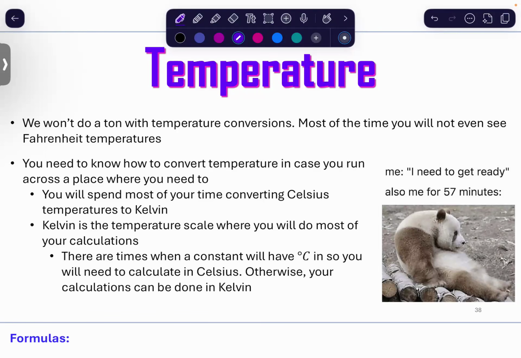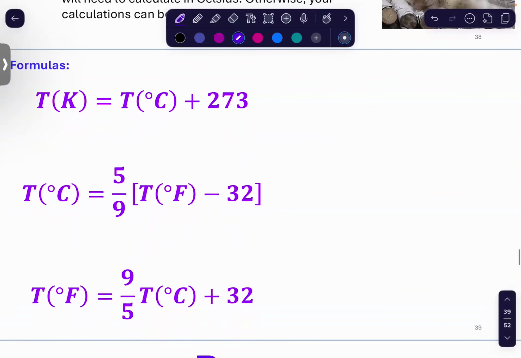I want to make sure you know how the formulas work. These are your conversion formulas. Temperature Kelvin is your degrees Celsius plus 273. If you wanted to change back, you just subtract the 273 from both sides, and your Kelvin minus 273 will give you back your Celsius.